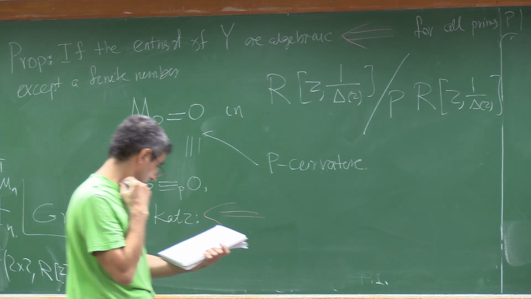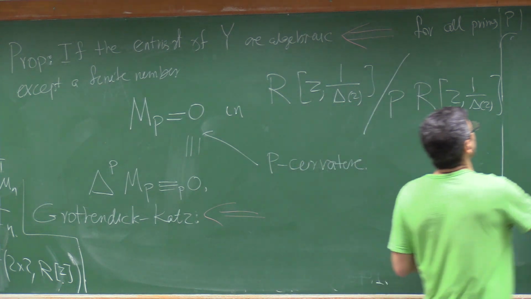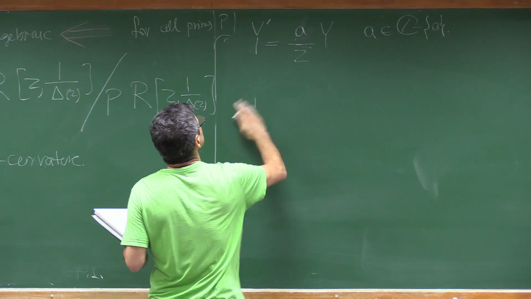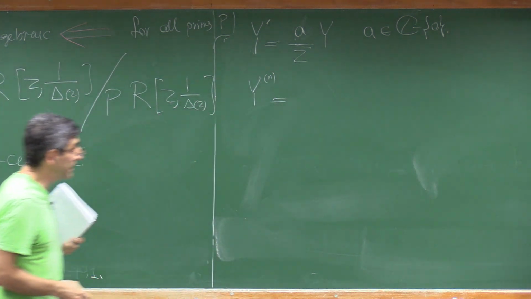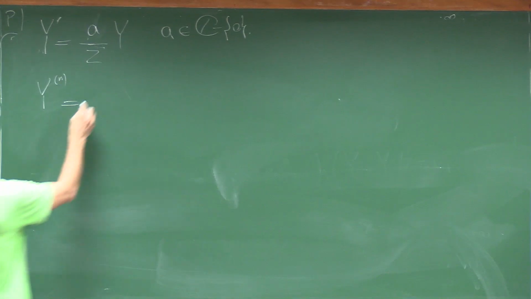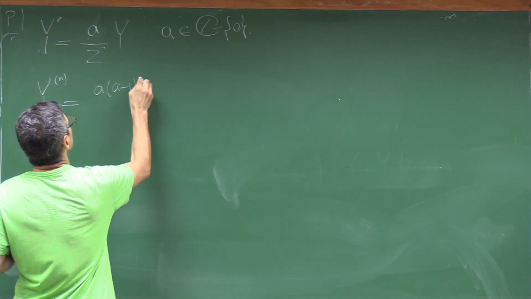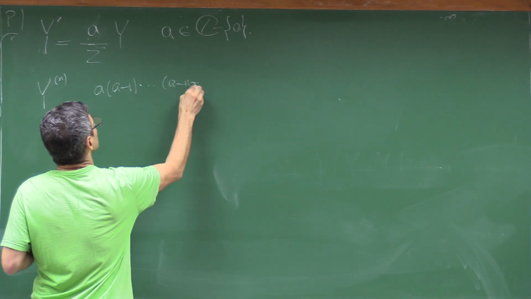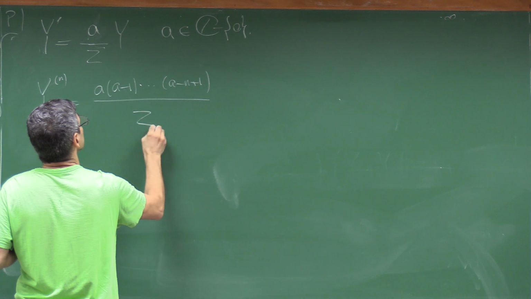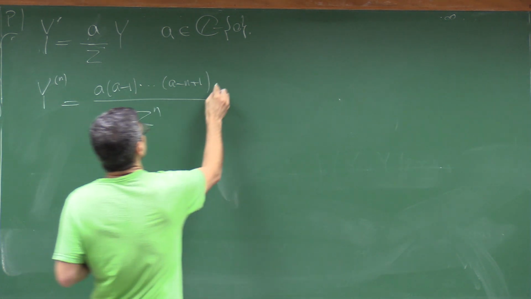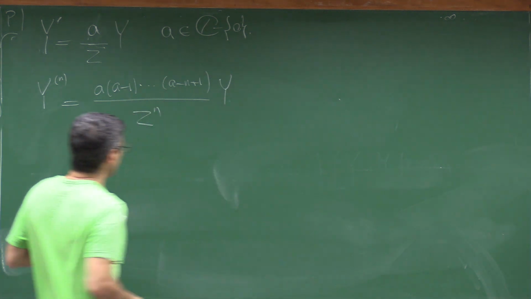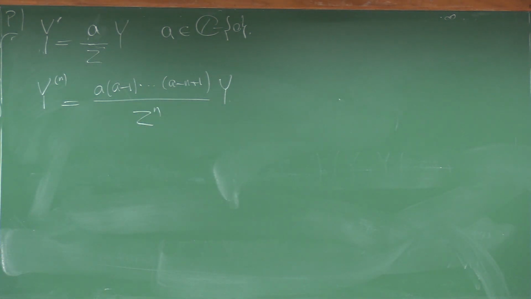Okay, so a very easy exercise. If you take the nth derivative of this one, this will be a(a-1)...(a-n+1) z^(a-n) times y. Actually, in this case you also have the solution.